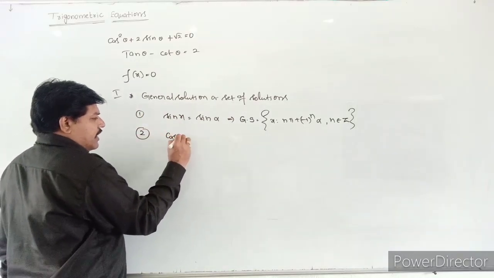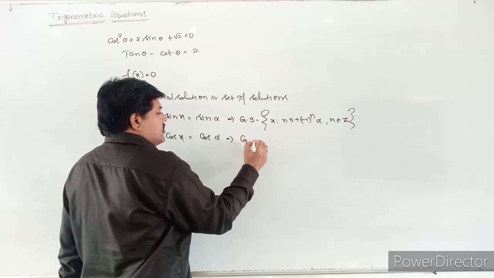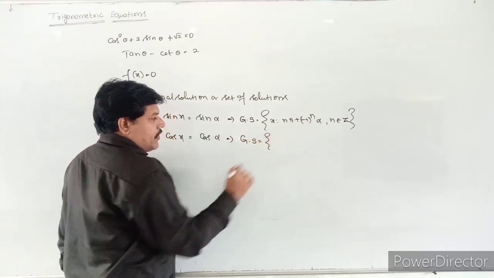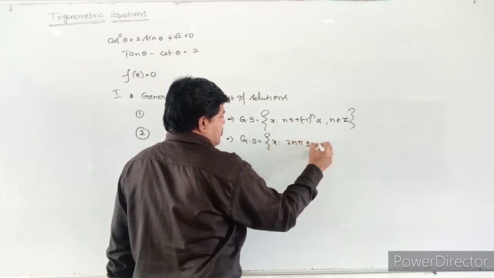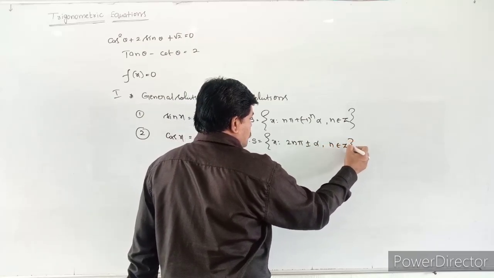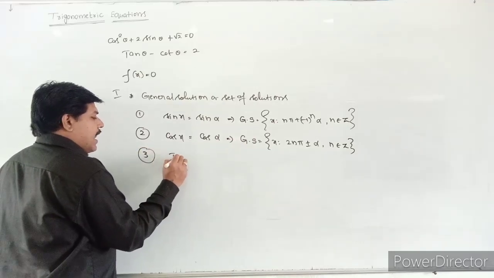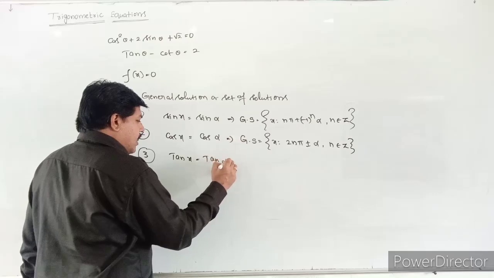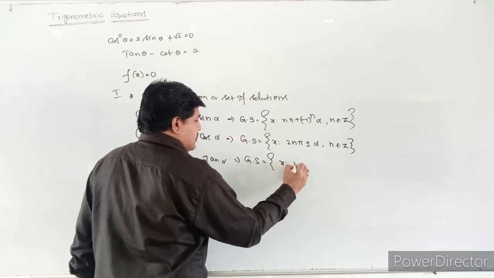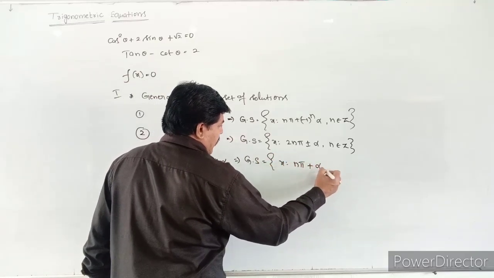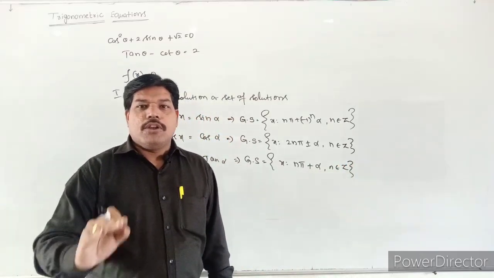Similarly, cos x = cos alpha, then the general solution is x such that x = 2n pi ± alpha, n belongs to Z. And the third one is tan x = tan alpha; that implies the general solution is x such that x = n pi + alpha, n belongs to Z, where alpha is the principal solution.